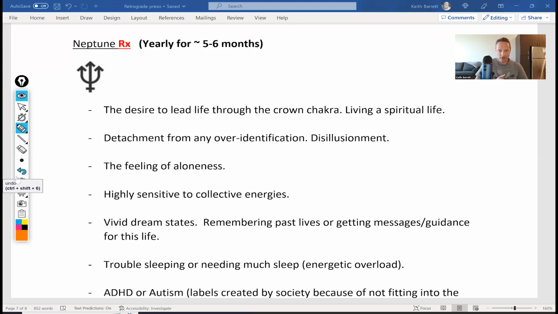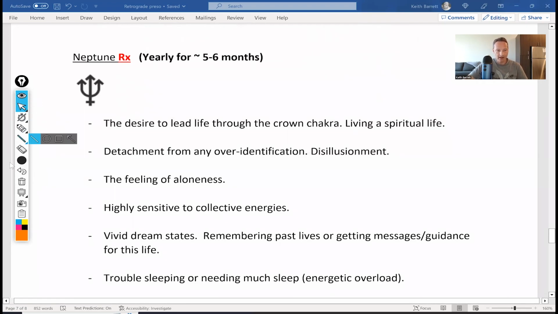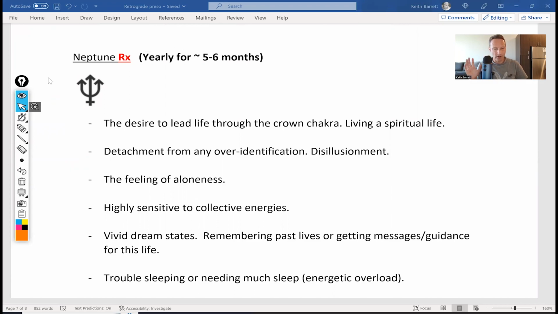Disillusionment, I kind of put in that category too, and I might have it here. I don't think I do. Escapism, the last point I have here. I would say that goes along with disillusionment, but it's not quite the same.